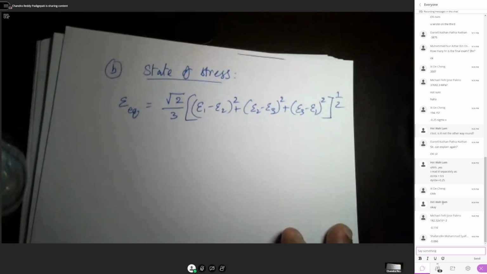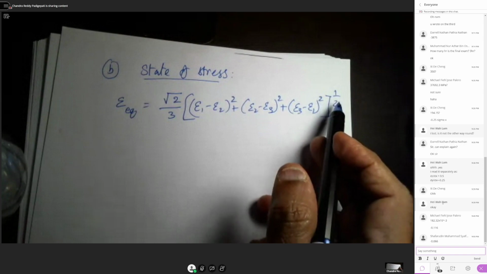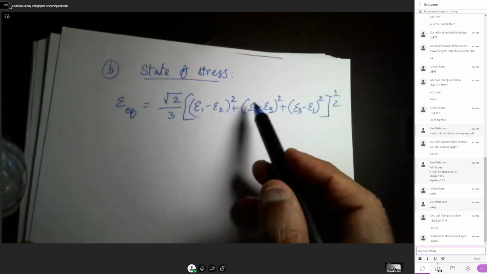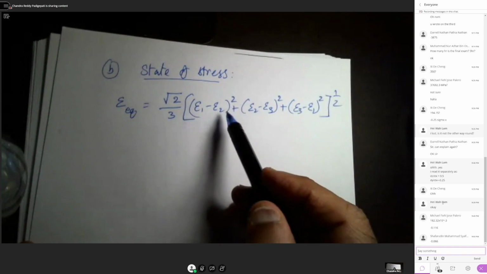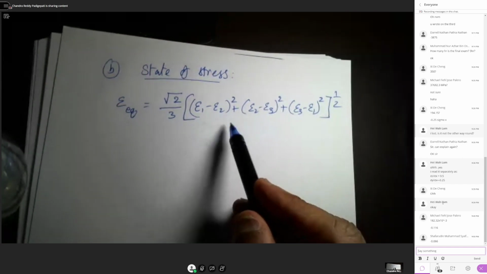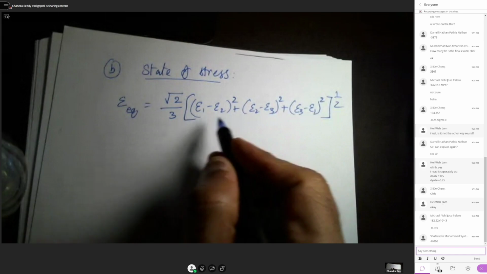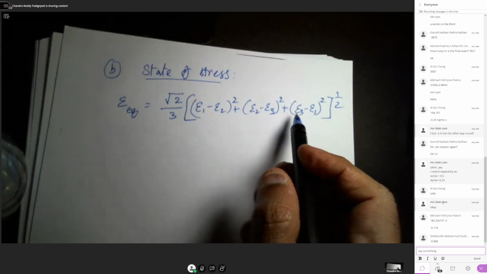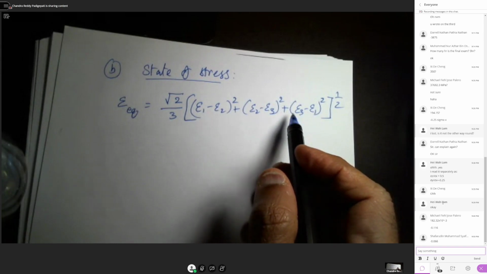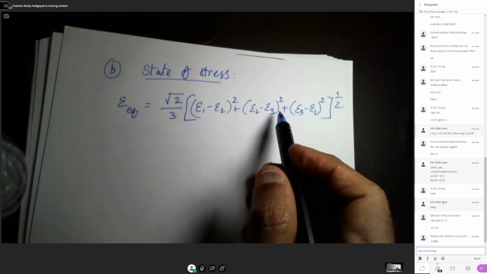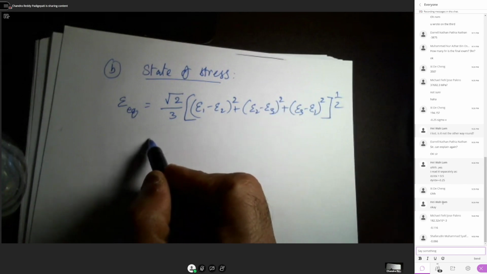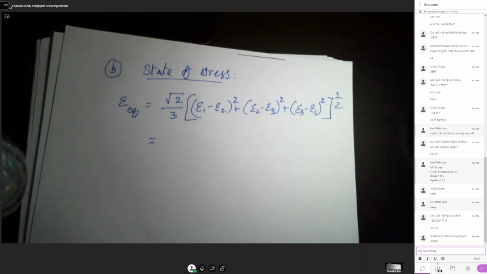So 1, 2, 3 you can equate with x, y, z, the strain components. So can you calculate this and tell me what is the equivalent strain?